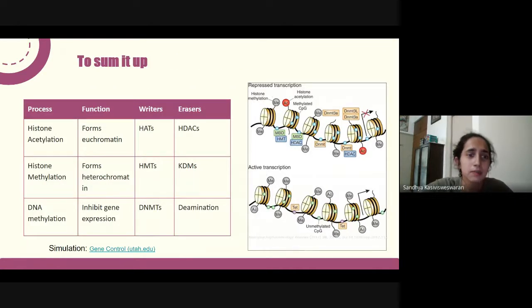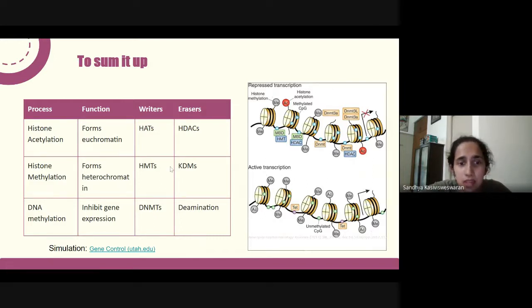So to sum it up, histone acetylation forms euchromatin, and euchromatin is loosely bound. Its writers are histone acetyltransferases, and erasers are histone deacetylases. And histone methylation forms heterochromatin because it does the exact opposite of what histone acetylation does.